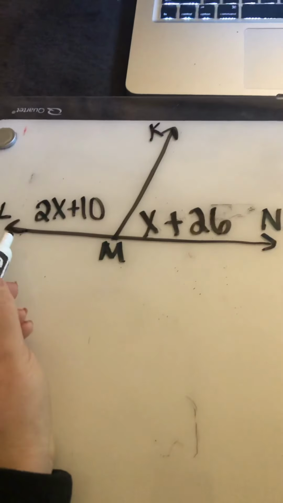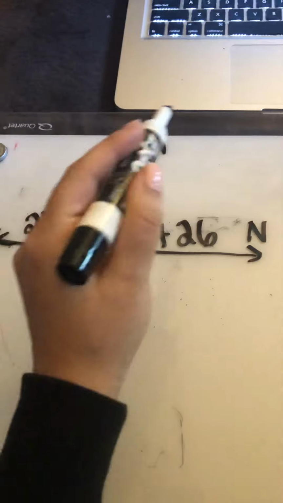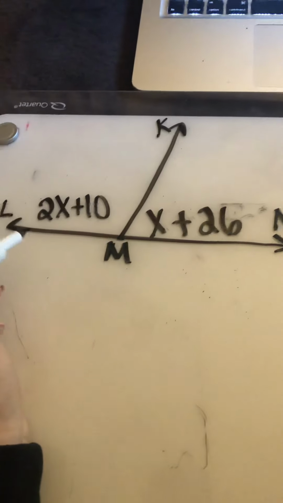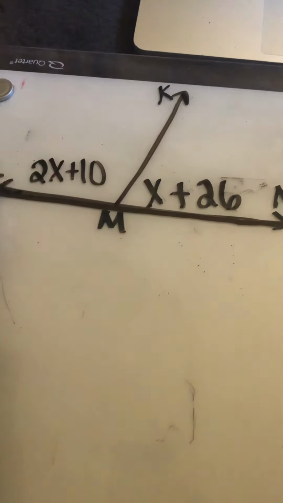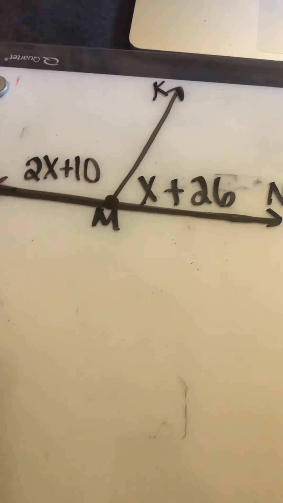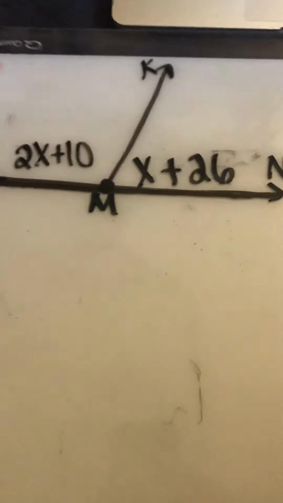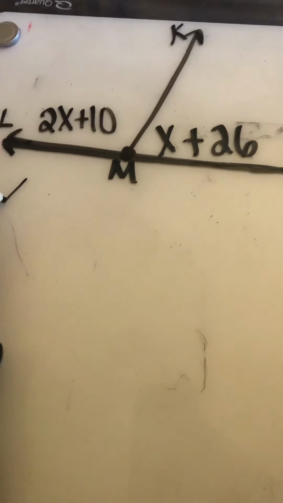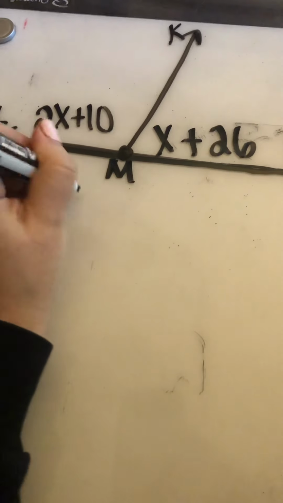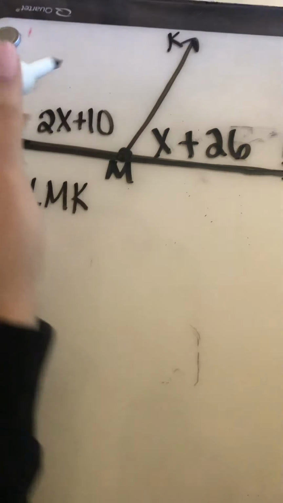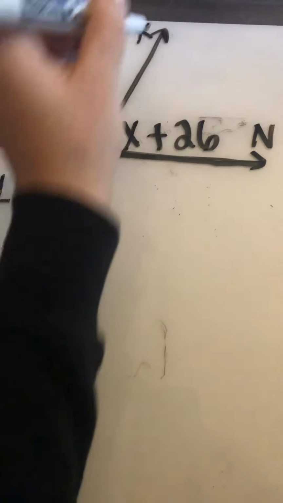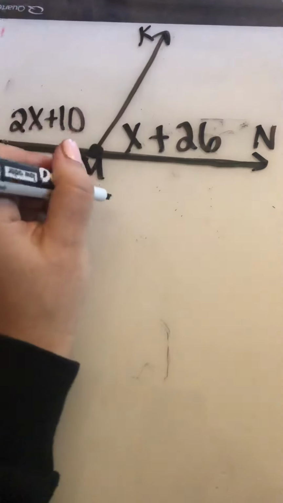All right, so let's take a look at this, right? We still have angle LMK and KMN, and when they are put together, they form a straight line, which means they are supplementary and they add to 180 degrees. So we have angle LMK, right? That's this angle, plus angle KMN.